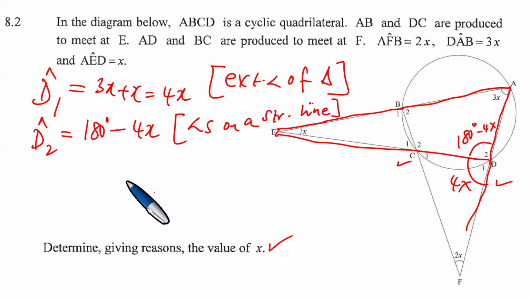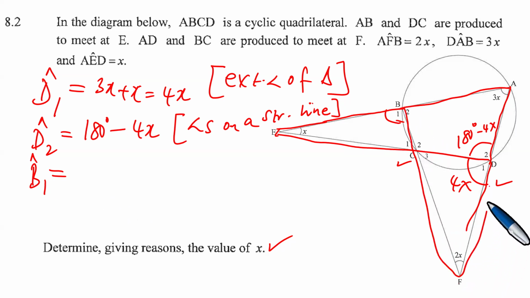And then the angle B1 is equal to what? Let's look at the angle B1. This angle B1 can be seen as an exterior angle of this triangle that goes down like this.